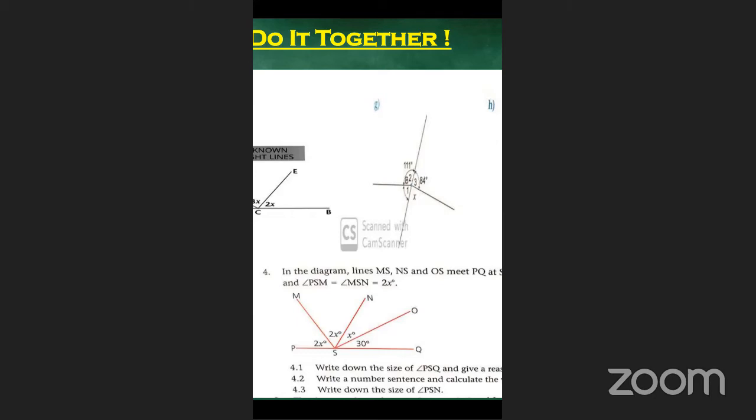And we already have another 30 degrees that they have given us already. So we must also include everything equals to 180 degrees. So our equation will be 2x plus 2x plus 30 degrees plus 30 degrees equals to 180 degrees.